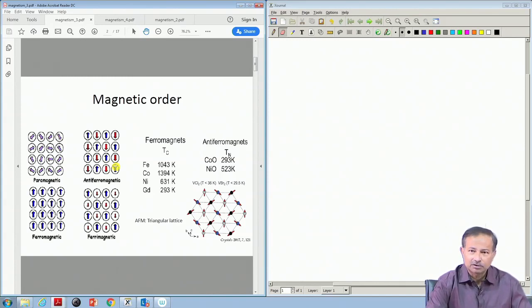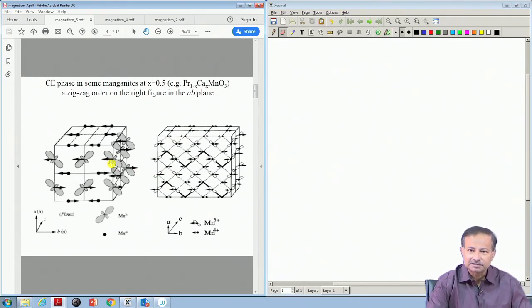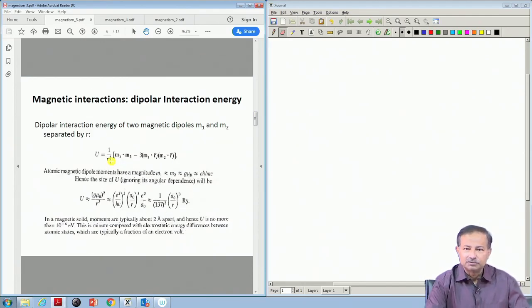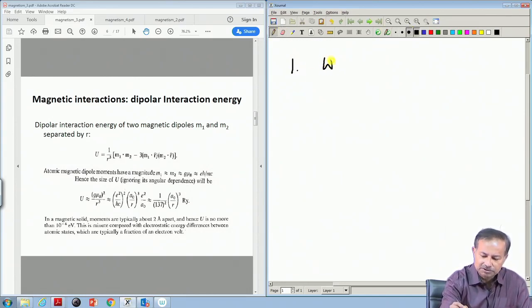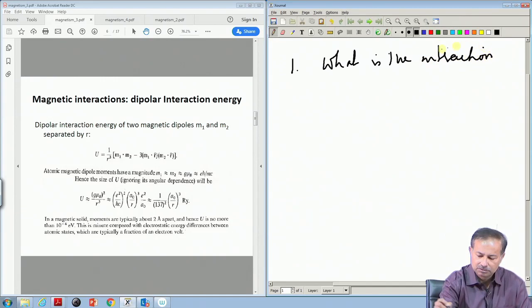These are called long range orders. The range is infinite for all practical purposes, and that requires an interaction inside the system to set it up. And the question is, what is that interaction? So, that is one question. So, question 1 is: what is the interaction between spins?